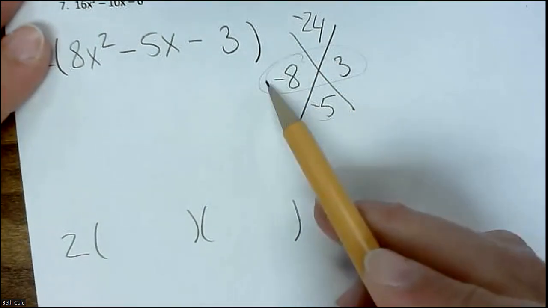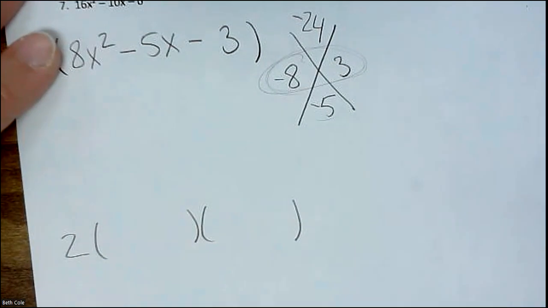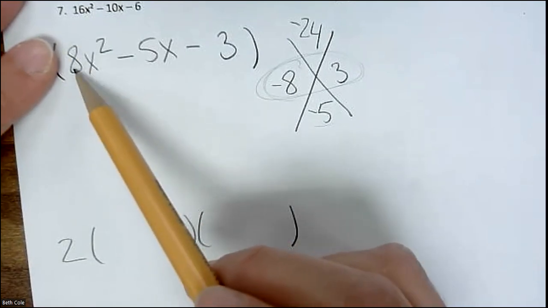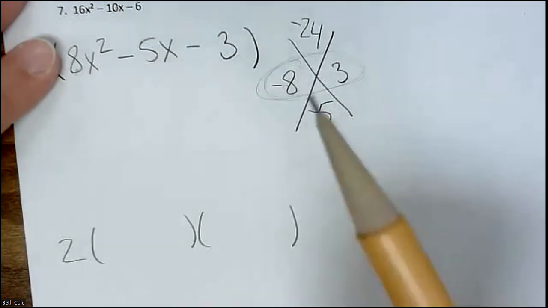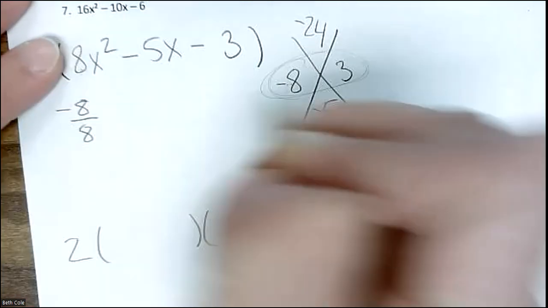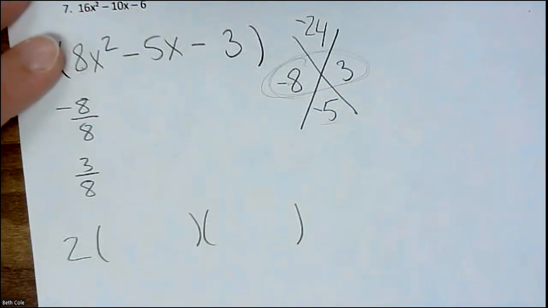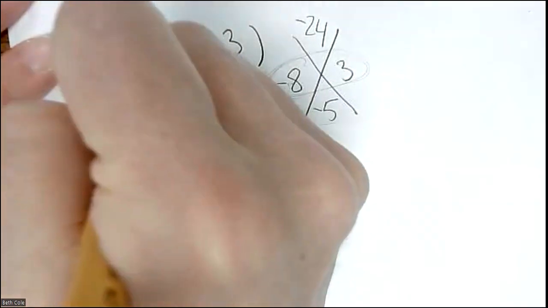And then you're going to take these 2 numbers and put them divided by what? Close. 14. Oh, yeah. It's the 8. Okay, so you're going to have -8 over 8, and then you're going to have 3 over 8. -8 over 8 is kind of weird because that comes out to what?